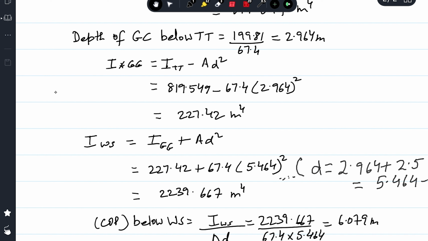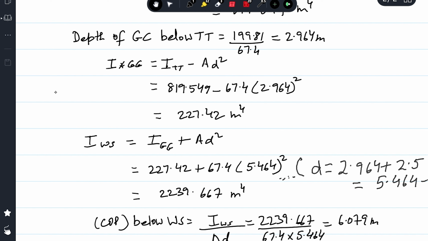And now this D is the depth of the centroid from the water surface, because the two axes in consideration are, one axis is passing through the centroid, which is giving the moment of inertia about the centroid IgG, and the second axis is at the water surface level. So the distance between the two axes is the depth of the centroid of the bulkhead below water surface.